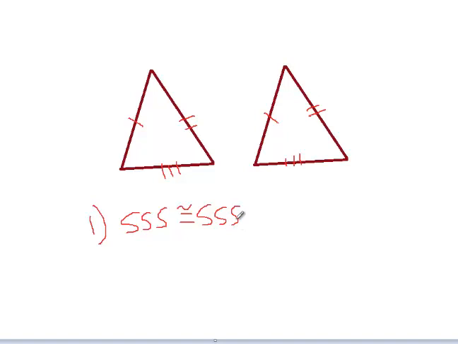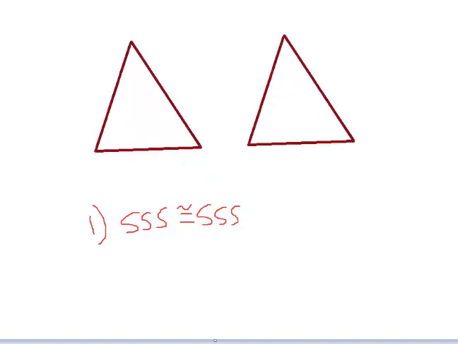What if all the sides are not equal to each other? Or I should say, you can't prove right away that all sides are equal to each other. There are some other possibilities. The first possibility is that you have 2 sides and the angle in between them. So for example, if this is equal to this, and this is equal to this, and this angle is equal to this angle, the 2 triangles have to be congruent.